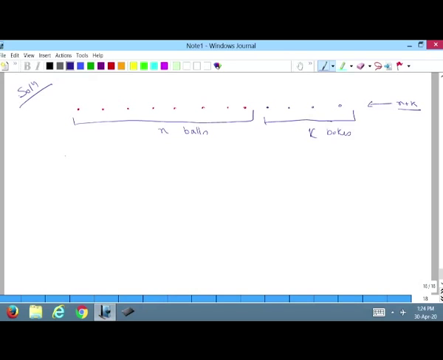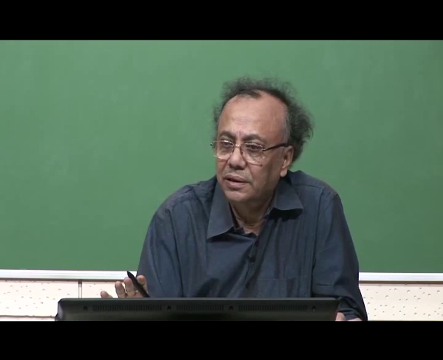In how many ways can n plus k be distributed into k boxes such that there is no box which is empty?